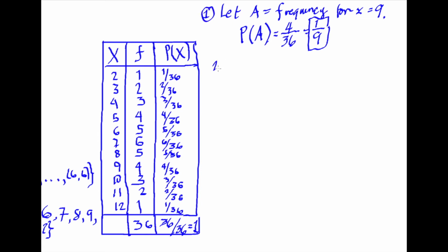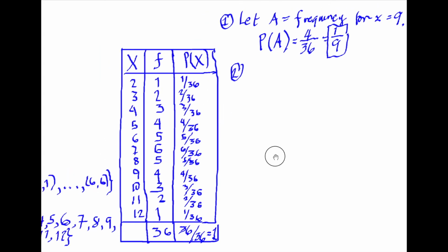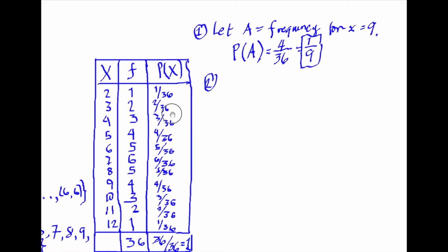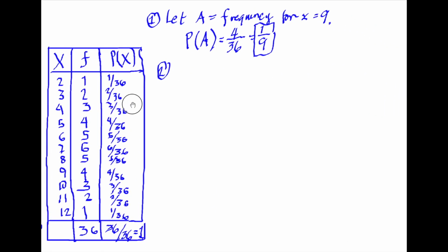Now how about number 2? Number 2 asks us what is the probability of getting less than 5. So less than 5, that's strictly less than 5. We're going to let that be event B. This is equal to the frequency for all x less than 5.